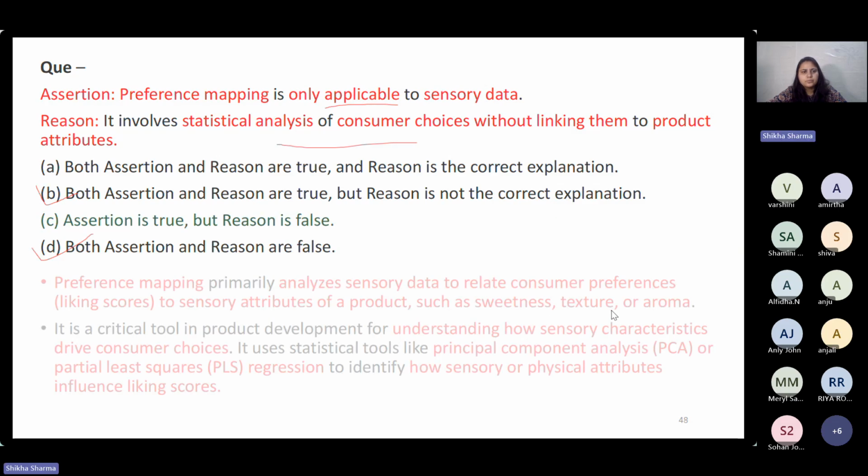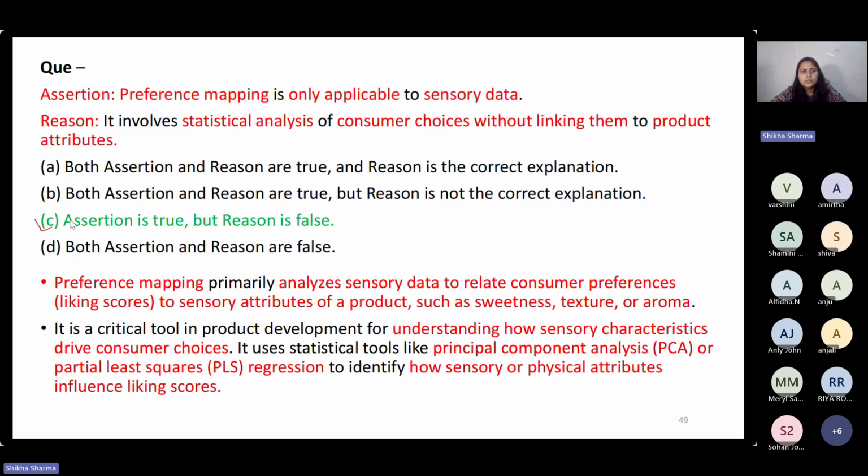Okay, let's see. Here C is the correct answer: the assertion is true but the reason is false. Basically, preference mapping primarily analyzes sensory data to relate consumer preferences, likings or scores to sensory attributes of the product like sweetness, texture or aroma.